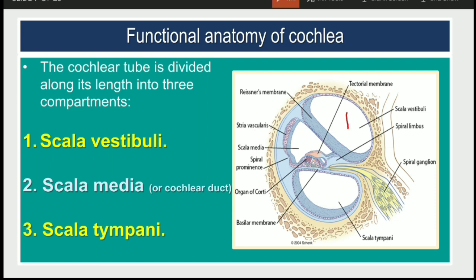Number 2, scala media, and number 3, scala tympani. Between scala vestibuli and scala media, there is a membrane present, and that membrane is called Reissner's membrane.